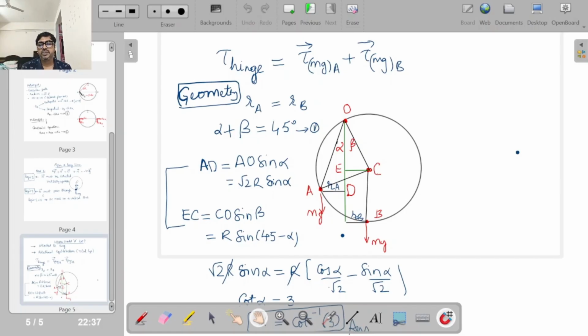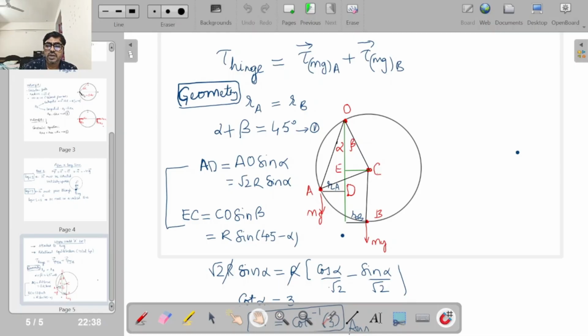After that you look at the geometry there. You join A and O, that is root 2R, no? Root 2R we have already seen, right? A and O are root 2R distance apart. And O to C is R. This is root 2R and this is R there, very good.